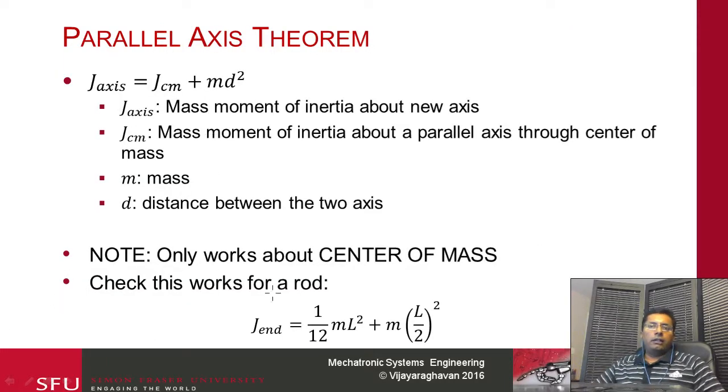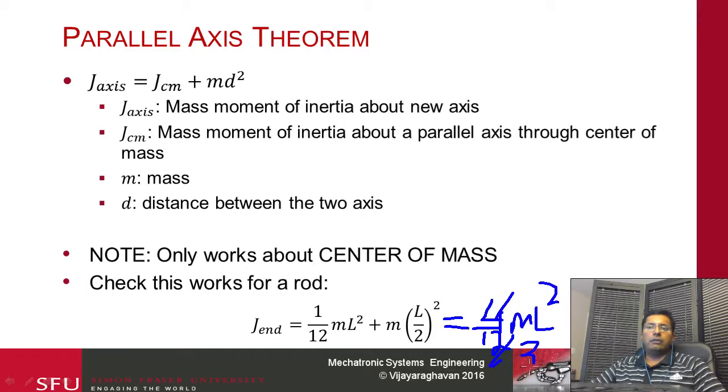So the J end is 1/12 ML squared plus M times L over 2, the whole squared. So you can actually do this calculation. This is 1/12, this becomes 1/4, and then if you do this, this becomes 4/12 ML squared, and then this cancels out, this basically becomes 1/3.